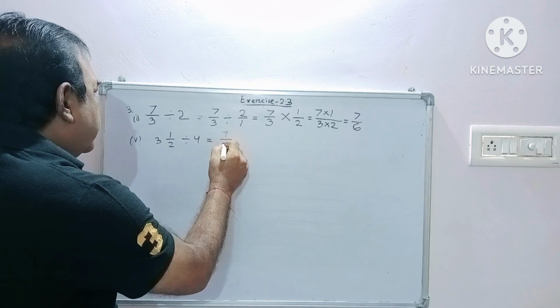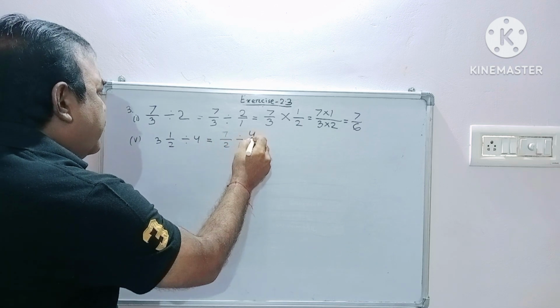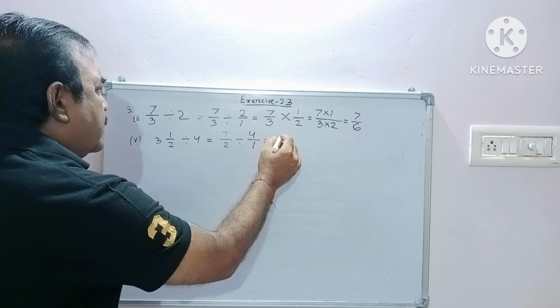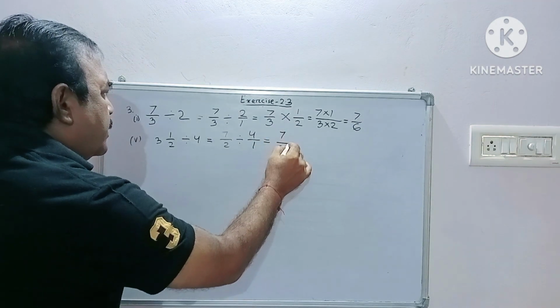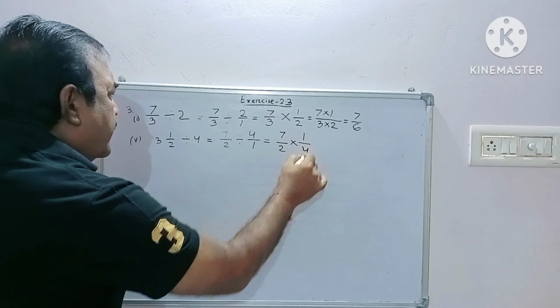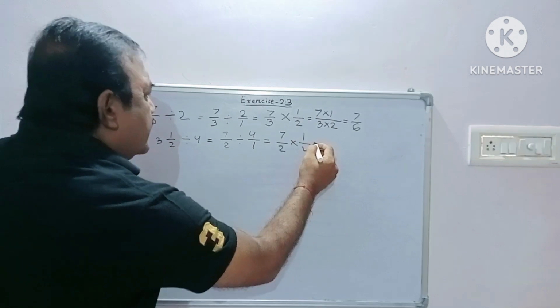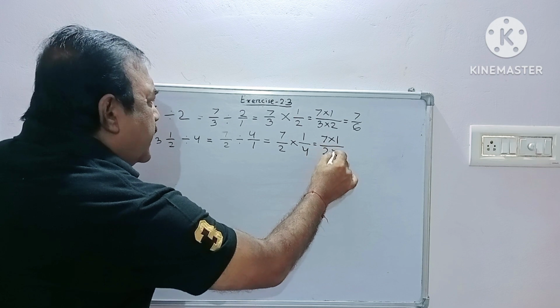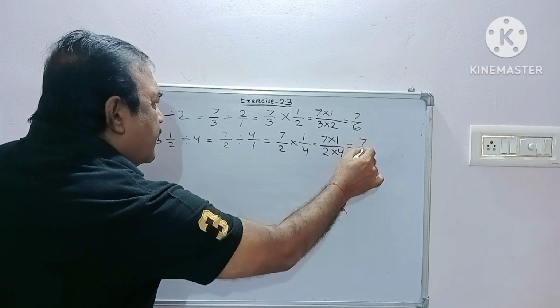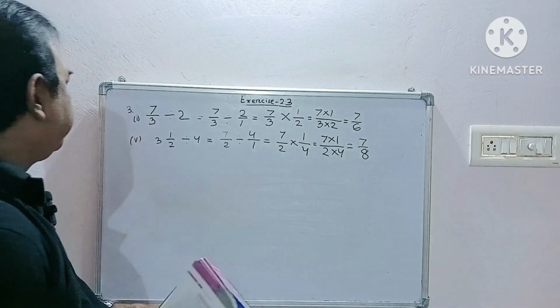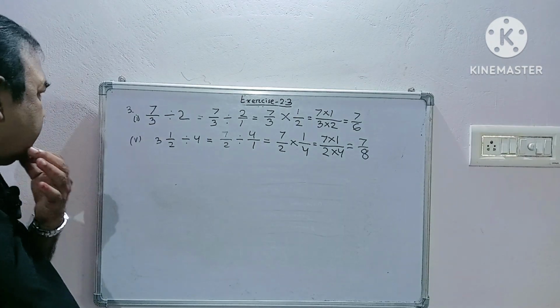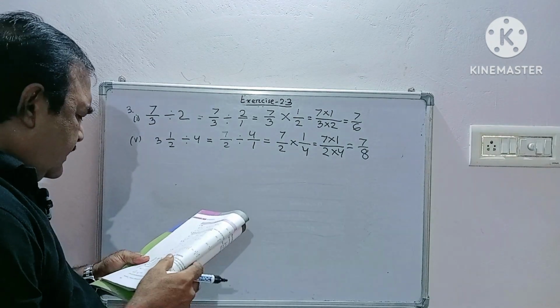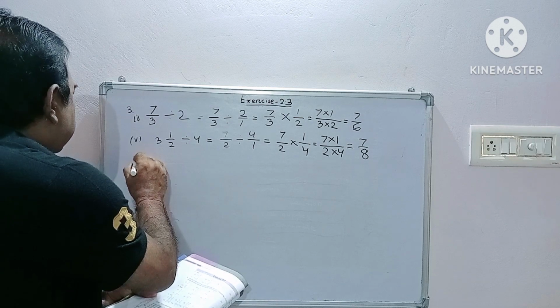So 7 upon 2 divided by 4 upon 1, that is equal to 7 upon 2 into 1 upon 4. That is equal to 7 into 1 divided by 2 into 4, that is 7 upon 8. Like this, you will proceed.